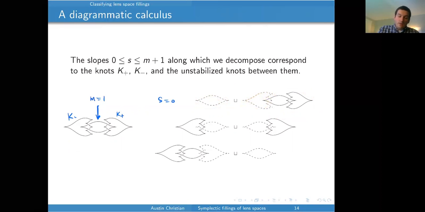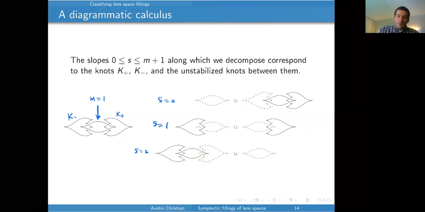So S equals 0 corresponds to attaching a two handle along this knot to this lens space. S equals 1 does the same thing, but for the unstabilized knot in between them. And S equals 2 corresponds to K plus.